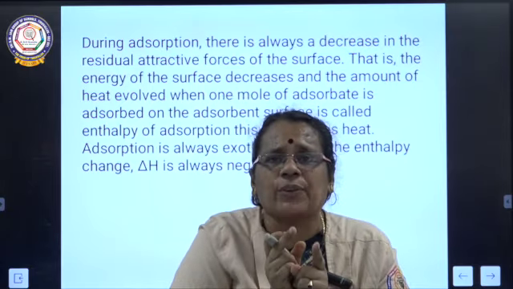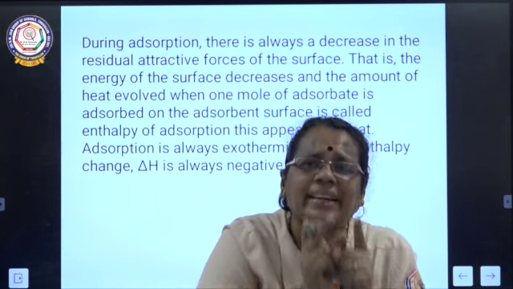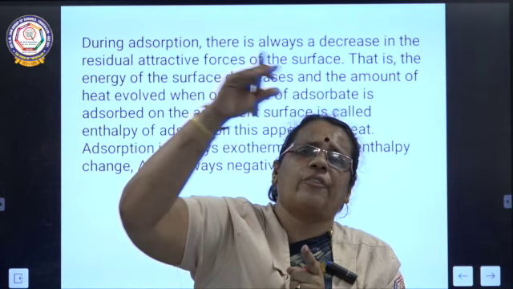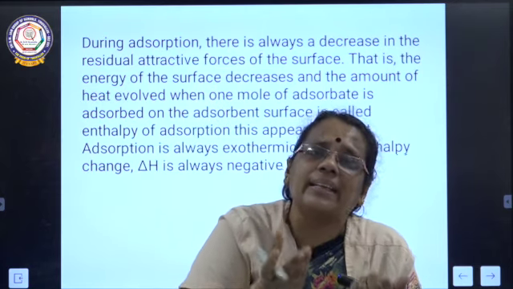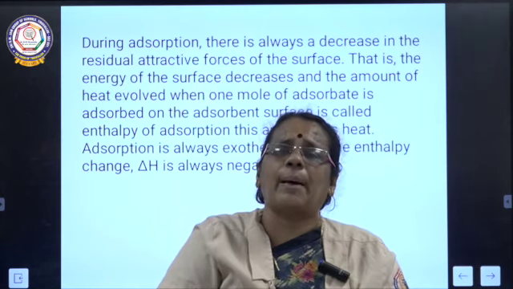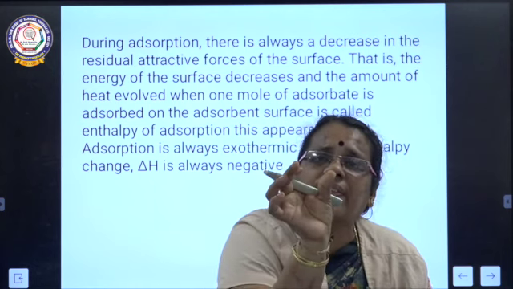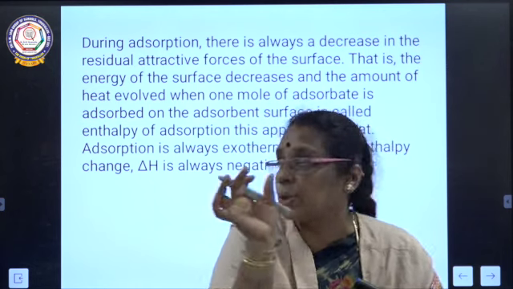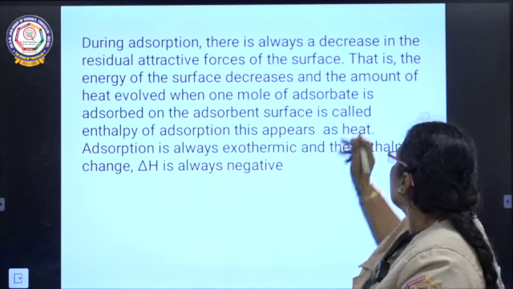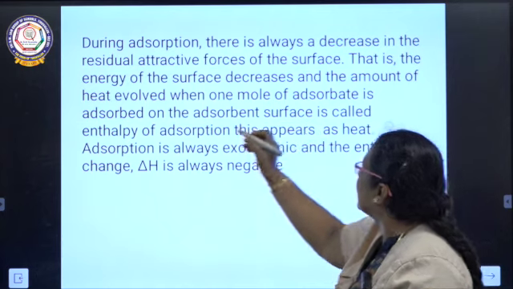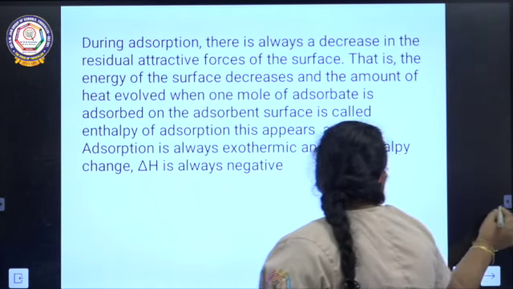These unbalanced forces are called residual attractive force. This residual attractive force at the surface decreases. As a result, as the residual attractive forces decrease, the energy of the surface also decreases.